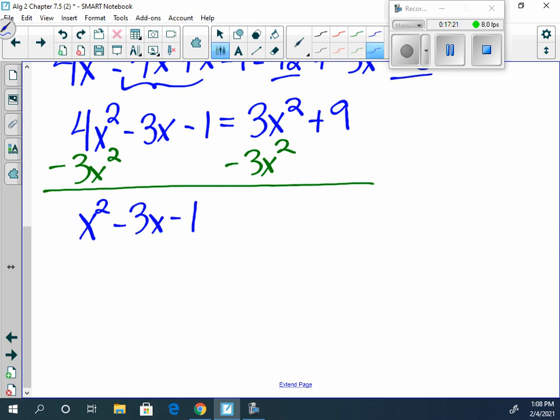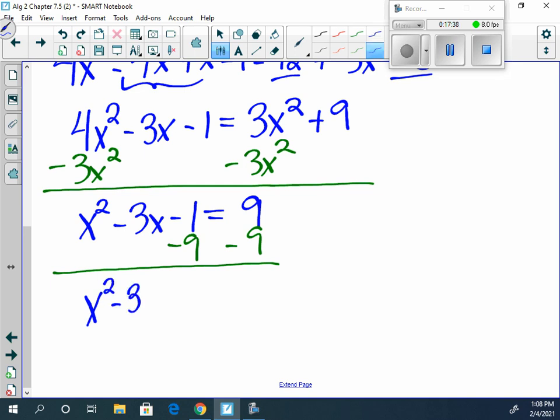Minus 3x minus 1 is equal to 9. Now what can we do? We can subtract 9 from both sides, which gives us x squared minus 3x minus 10.